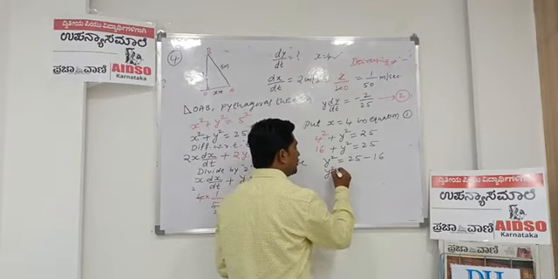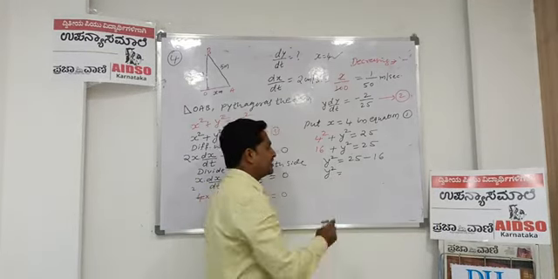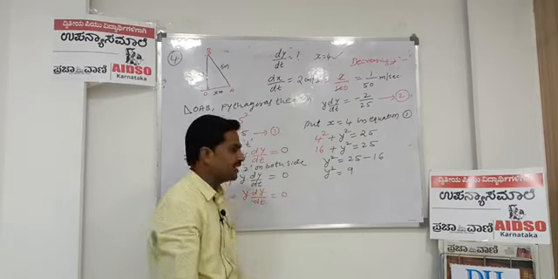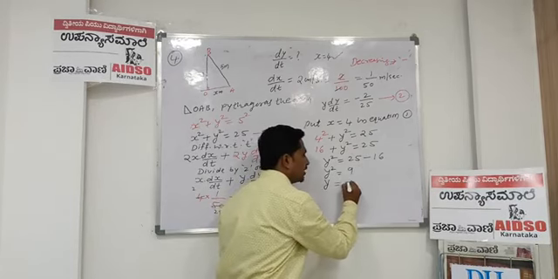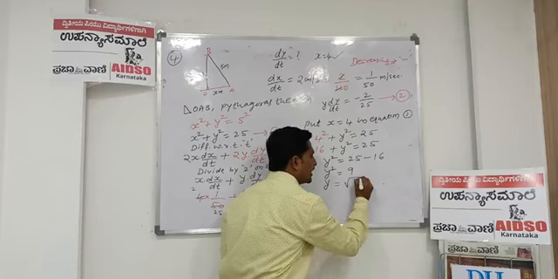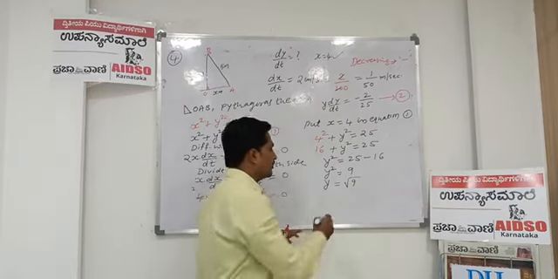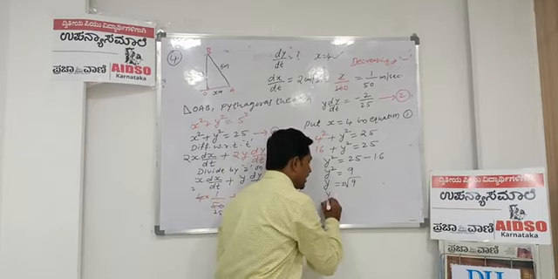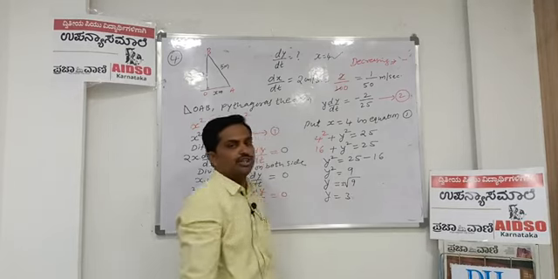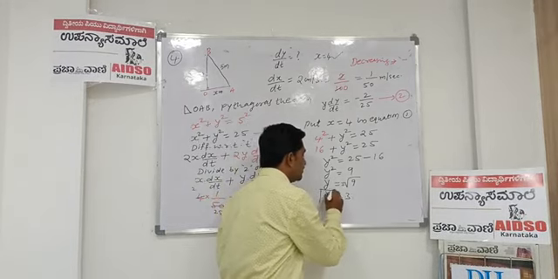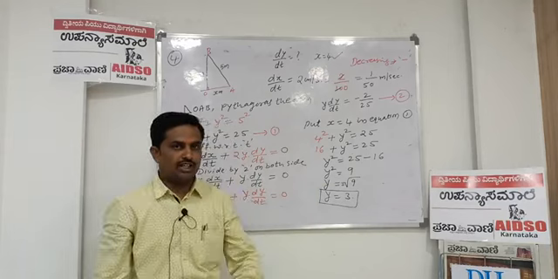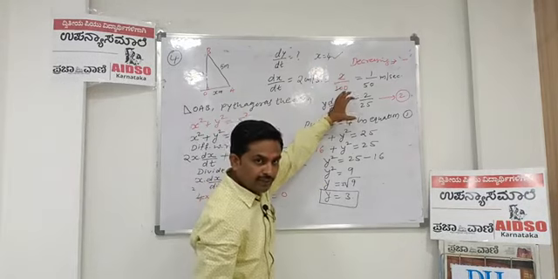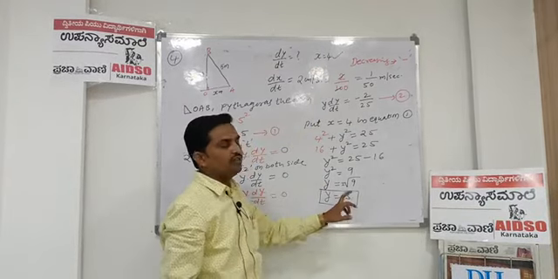Then y square will be equals to 25 minus 16, which is 9, and of course the y value will be the square root of 9, plus or minus 3, and here we will consider the positive value, so the y value will be 3.